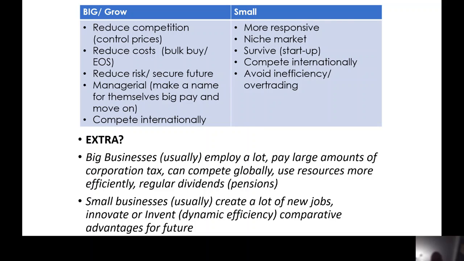And then we looked at small, which links a little bit to inorganic growth, so more responsive, niche markets, survival in the early part, so linked back to business objectives and the product life cycle, competing internationally if a small market, but also avoiding inefficiency, so avoiding some of the negatives of those integration models.